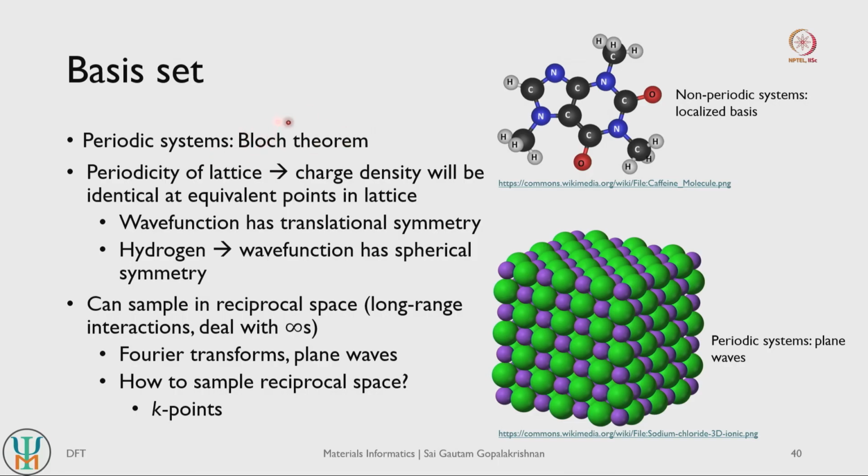So what Bloch theorem basically states is that if you have a periodic lattice, right, so a lattice that repeats itself in 3 dimensions, basically your charge density has to be identical at equivalent points in space, right. So let us say you take in a sodium atom here and you calculate a charge density associated with the sodium atom, if you take a symmetrically equivalent sodium atom, right, in the next unit cell, the charge density here should be identical to the charge density here.